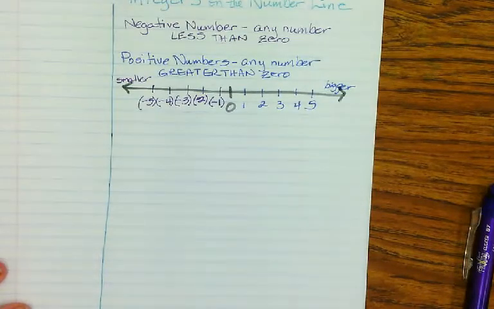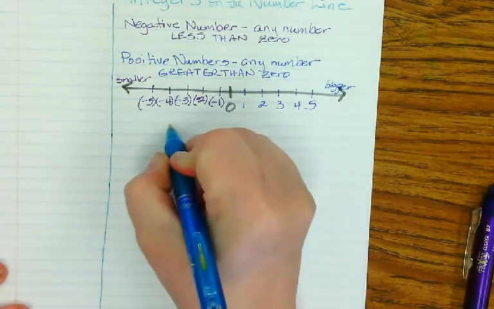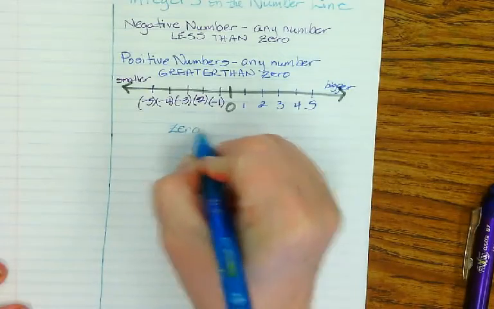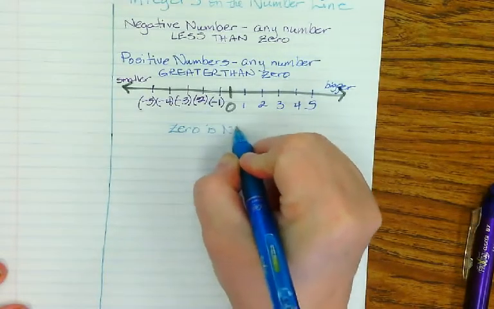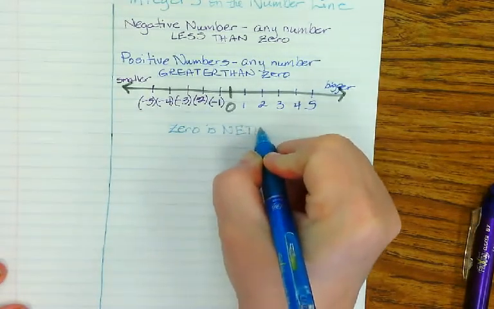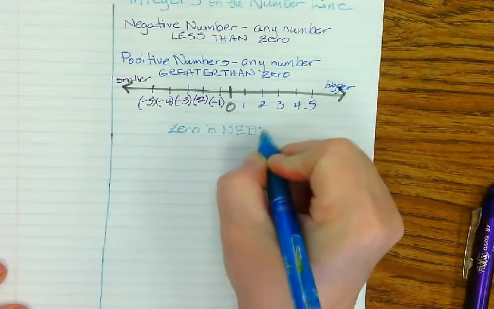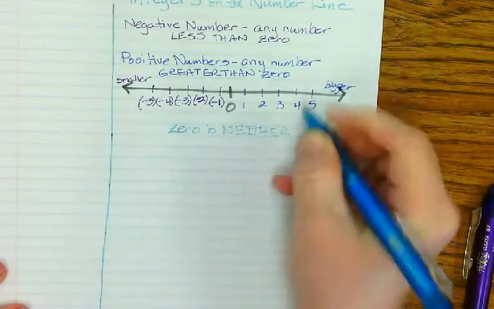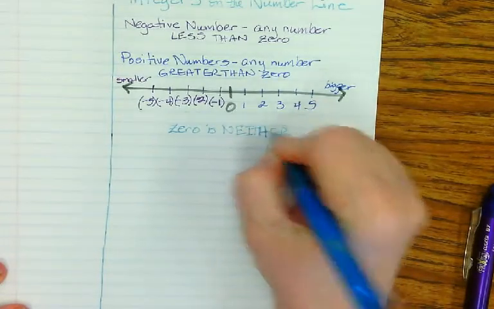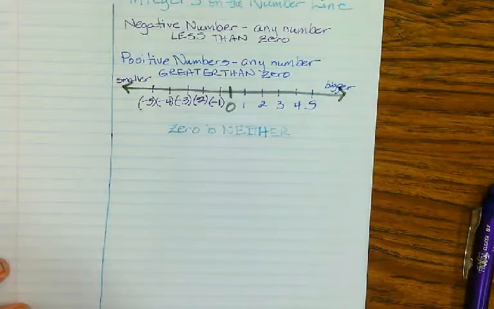And we need to remember that 0 is neither, N-E-I-T-H-E-R. It is neither. Okay, I'm going to make it just a little bit bigger and see if that helps you at all.